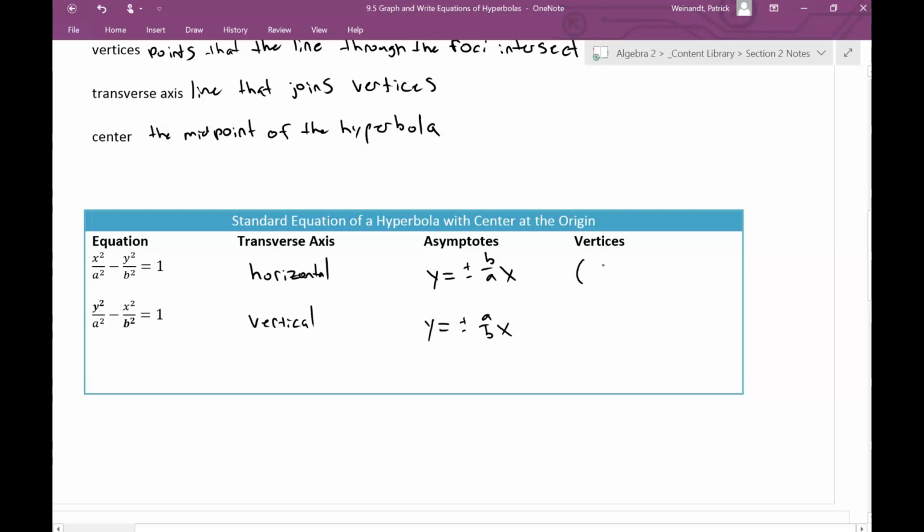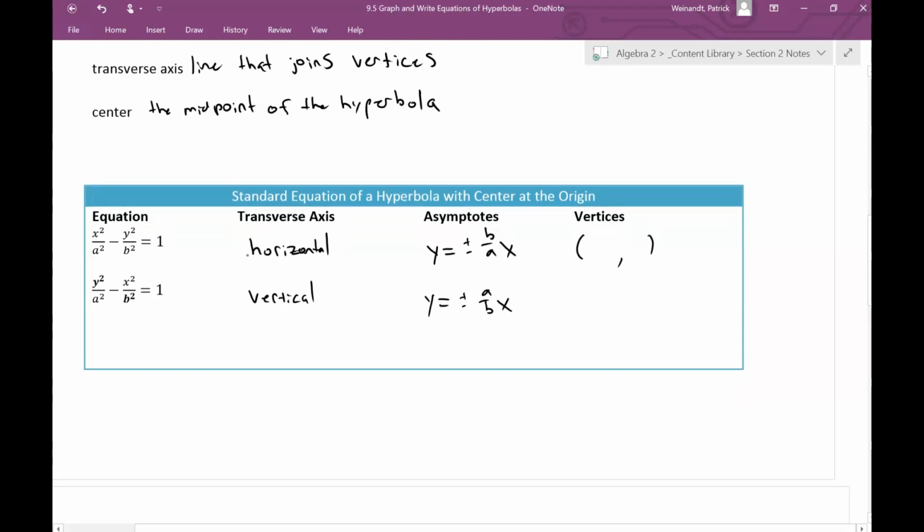Now our vertices, the transverse axis, that you can kind of find intuitively. If your x squared is positive, you know the transverse axis is horizontal, which means your vertices should lie on the x-axis, which means you should have some x value for your point.